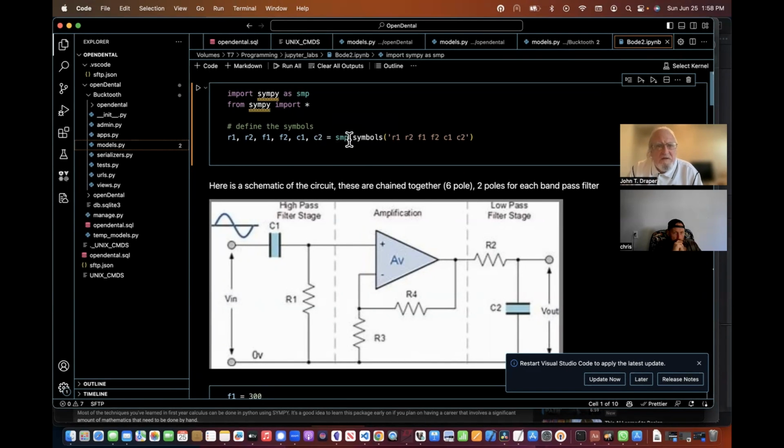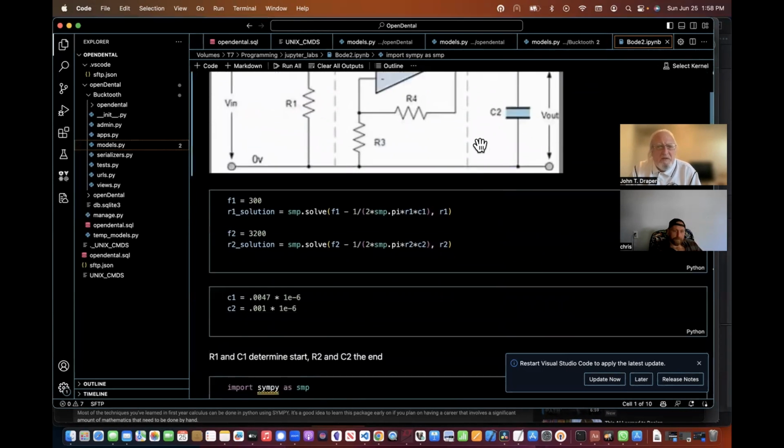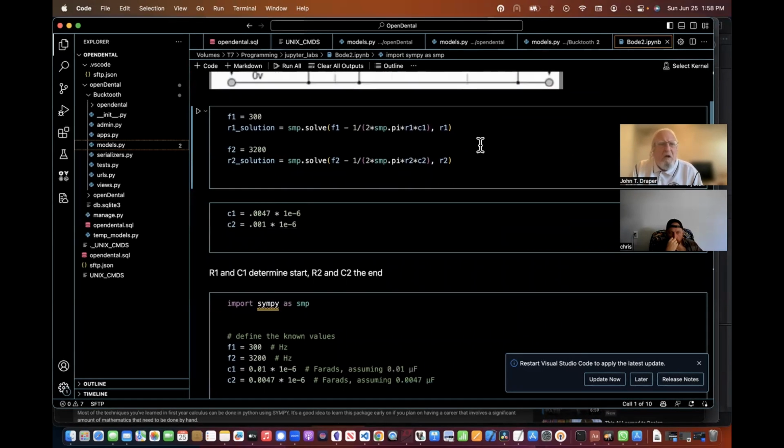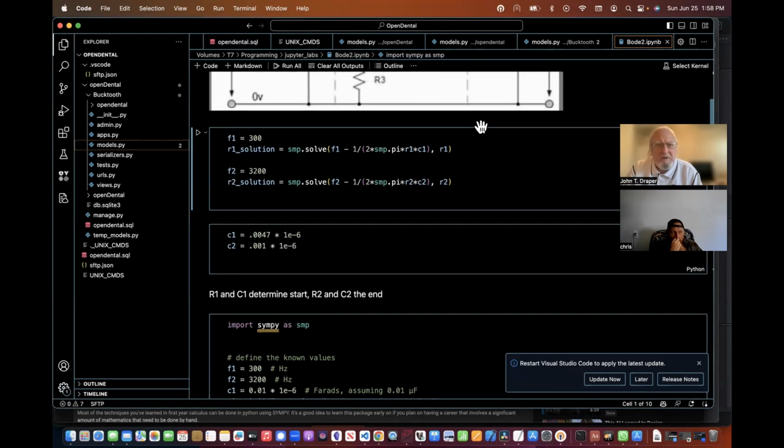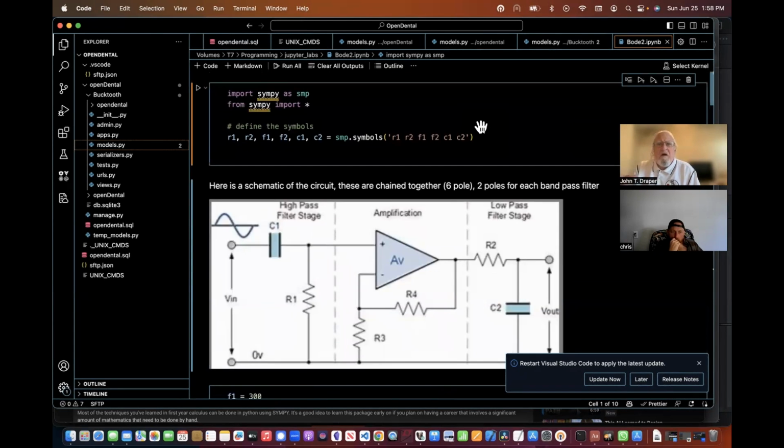We're converting these into symbols called R1, R2, F1, F2, C1, and C2, and we're going to be using these throughout. So first of all, we have F, and we're going to solve for R1 in the formula. In other words, you have F equals 1 over 2 times pi times R1 times C1, but R1 is in the denominator of that function.